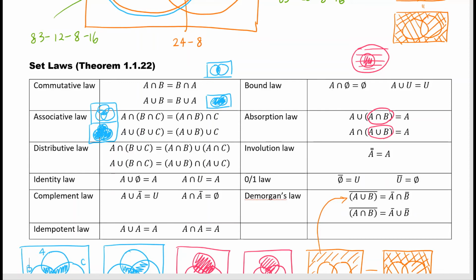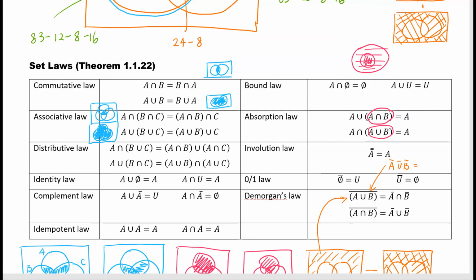So let me put this here. We distribute the complement. So it's like A complement, and you put the complement on the union, and B complement. Actually, there's no symbol like this. This is just a quick way to help us memorize. Do you remember what a negative sign does to an inequality?